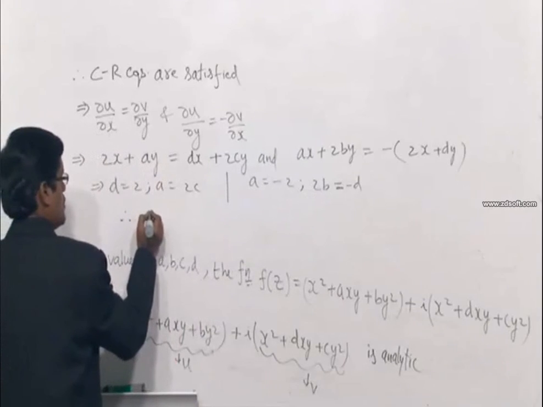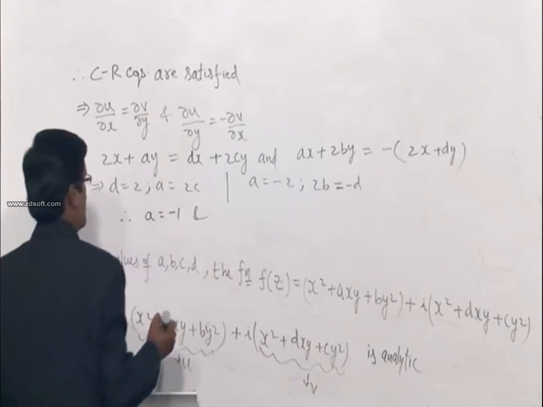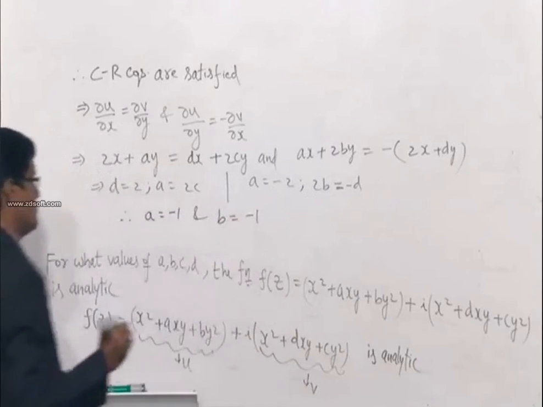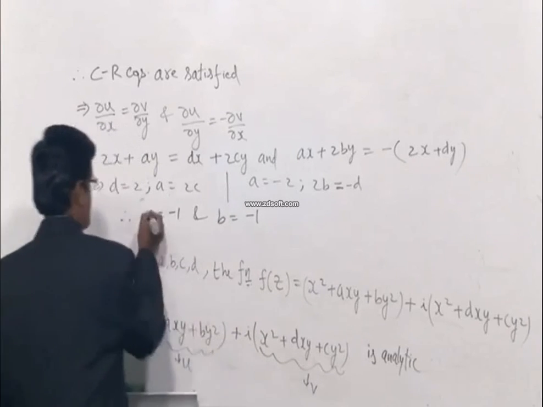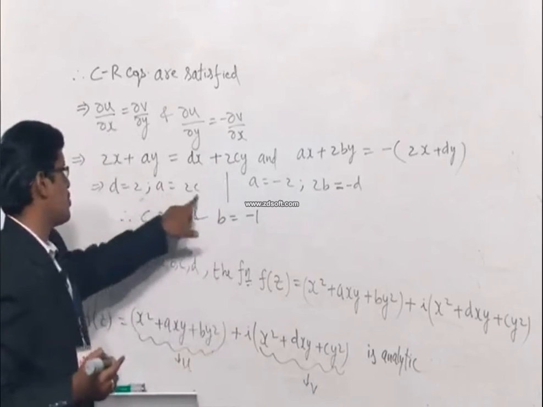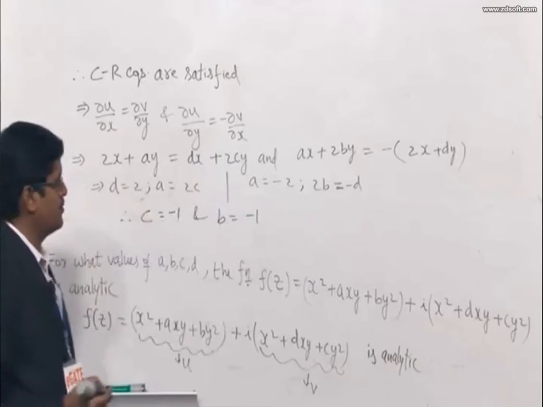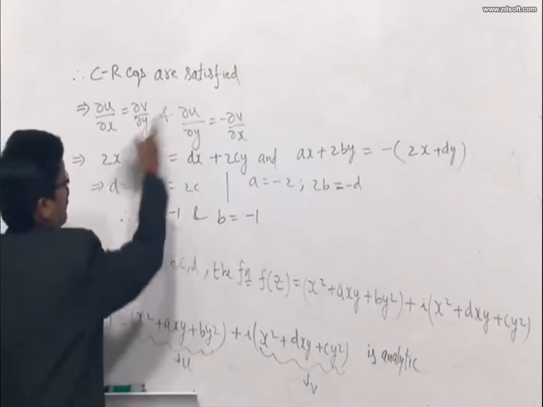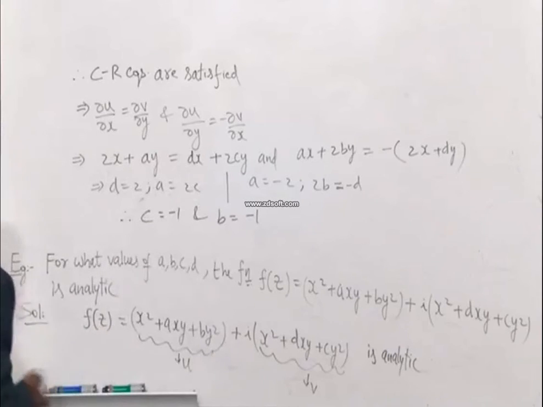So a is equal to minus 2 and 2b is equal to minus 2, b is equal to minus 1. Sorry, here c value gives: substituting a is equal to minus 2 here, 2c is equal to minus 2, c is equal to minus 1. Substituting d value there, which gives b value is equal to minus 1. And these four partial derivatives are polynomials, and every polynomial function is always continuous. They exist as well as continuous.